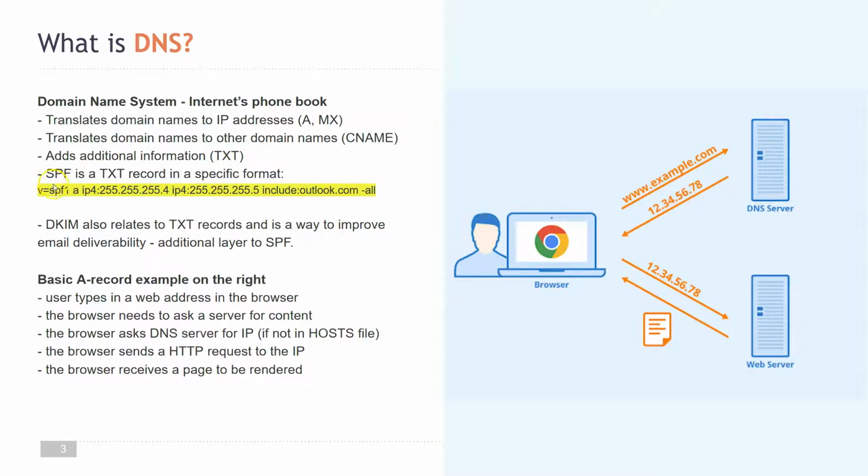An SPF record is a specific kind of text record in a specific format. In the yellow line here is an example of it. What that does is it tells the whole internet that they should trust these IP addresses and emails coming from them against the specific domain name.